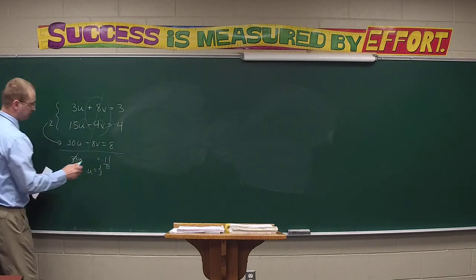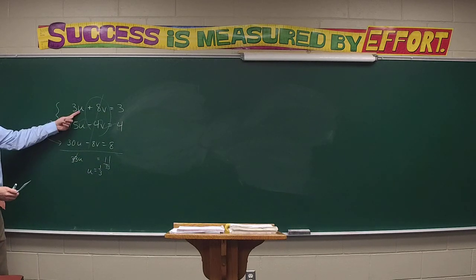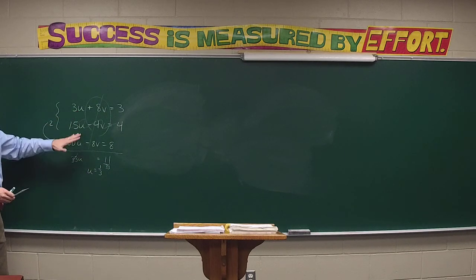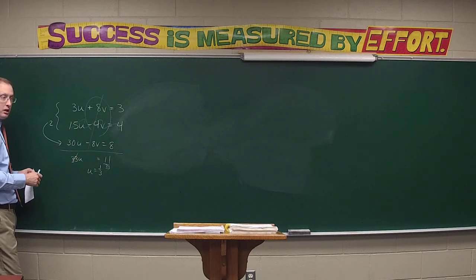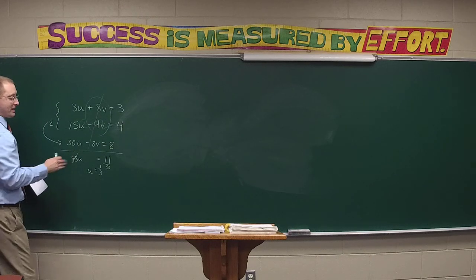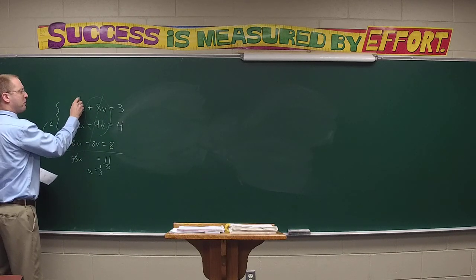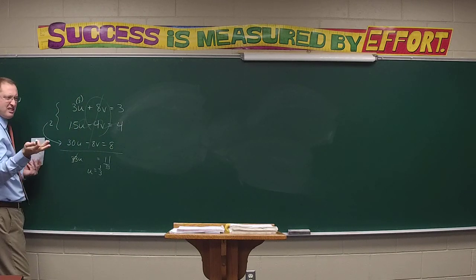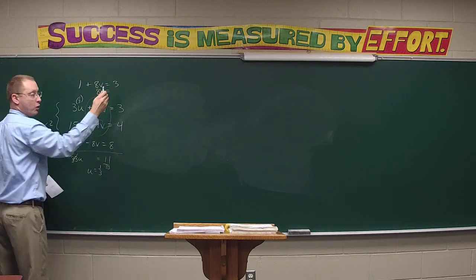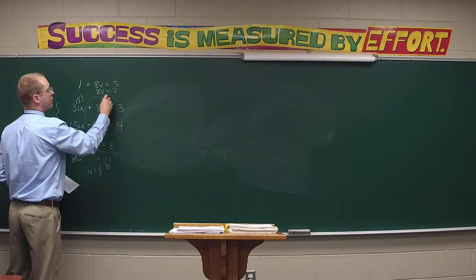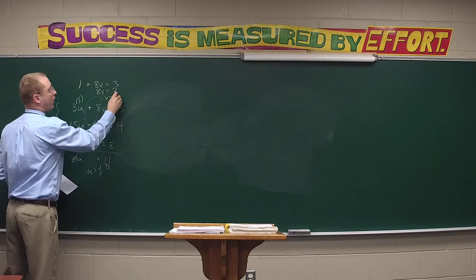Good news is that's pretty easy to plug in right here. Did you plug it back in, or did you say, okay, now I'm going to resolve knocking the u out because I just don't want to mess with the fraction? You did plug it in. Okay. And that's fine. You could take the other approach, but I think 1/3 plugs in easily because 1/3 of 3 is just 1. So 1 plus 8v equals 3. 8v then equaled 2, so v was equal to 1/4.